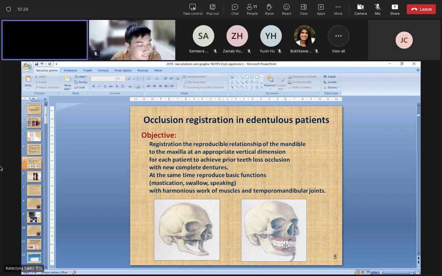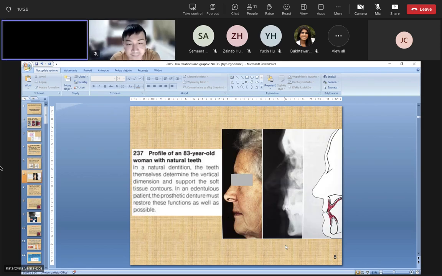joints. Here you see a profile of an 83-year-old woman with natural teeth. Yes, you see here natural teeth. In a natural dentition, the teeth themselves determine the vertical dimension because we have support zones in the posterior part.